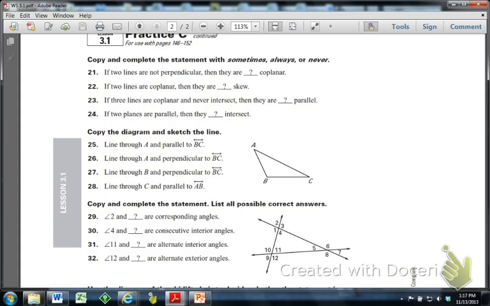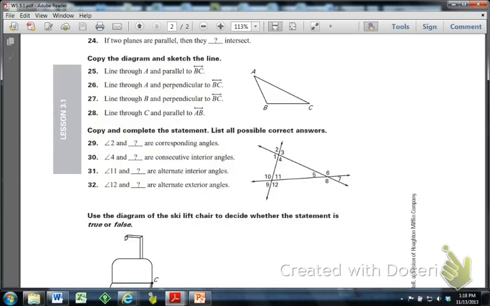In this one, to me, this is a never, because they said coplanar. I'm just making a little extra explanation because it's easy for me too. Number 24, if two planes are parallel, then they sometimes, always, or never intersect. That's a never. That's part of the definition of parallel.